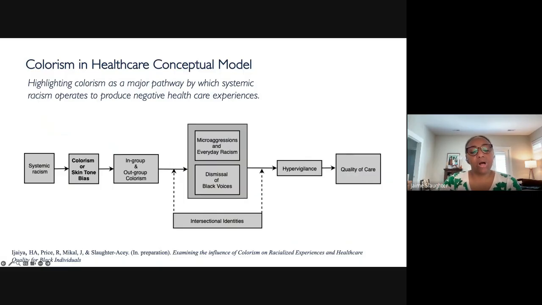To then using qualitative data to see if colorism is a social phenomenon that is affecting their interactions and experiences within the healthcare system and their receipt of quality care. And then we use that to refine our understanding of how colorism affects those healthcare experiences.